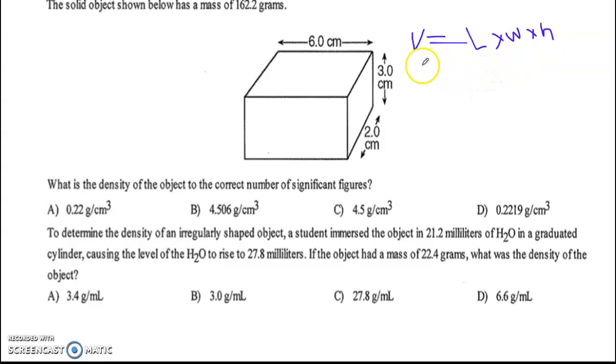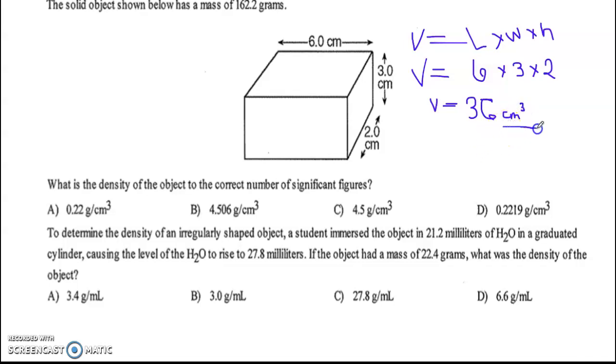So I'm going to take 6 times 3 times 2, and multiply those numbers together. 6 times 3 is 18, 18 times 2 is 36. So my volume is 36 centimeters cubed.